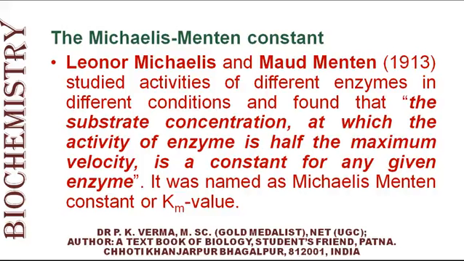But if you consider half velocity, the amount of substrate is constant whether the actual amount of enzyme is higher or lower. This constant is not affected by enzyme amount. So this was named the Michaelis-Menten constant or Km value.